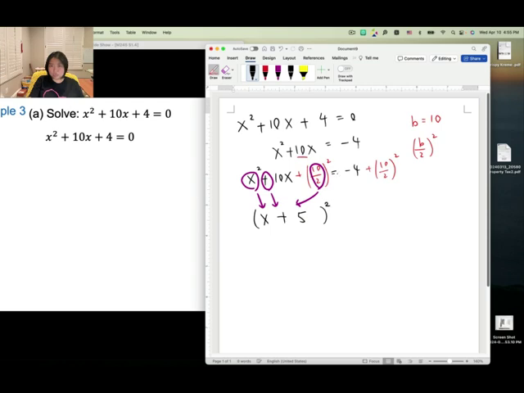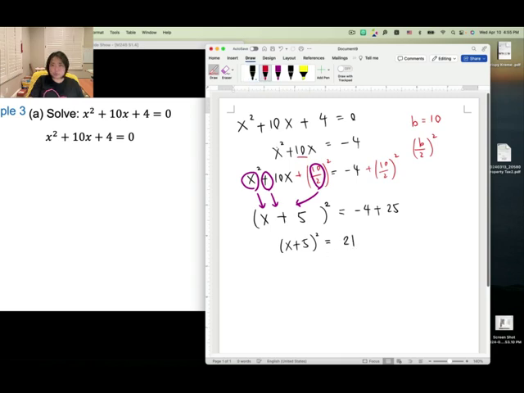And then the square here. And then equal to, take care of the right hand side: negative 4 plus 10 divided by 2 is 5, and 5 squared is 25. So now I have x plus 5, squared, equal to 21.